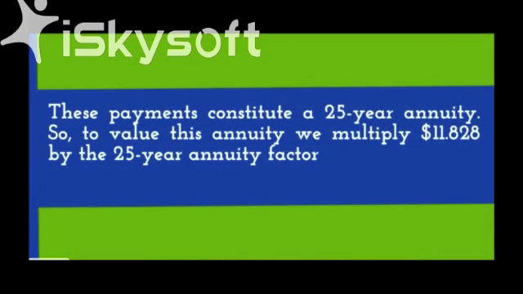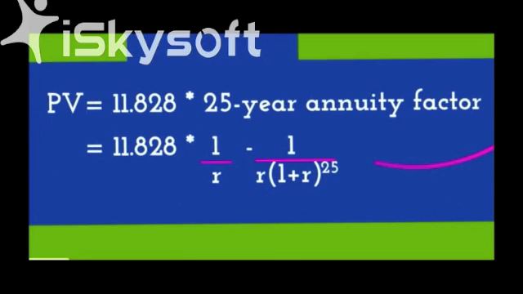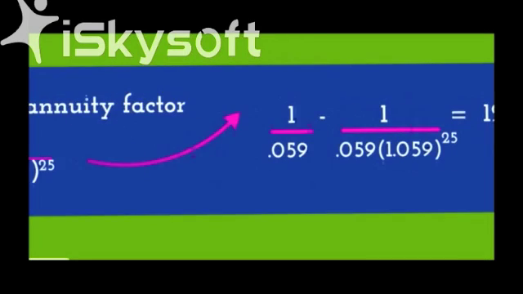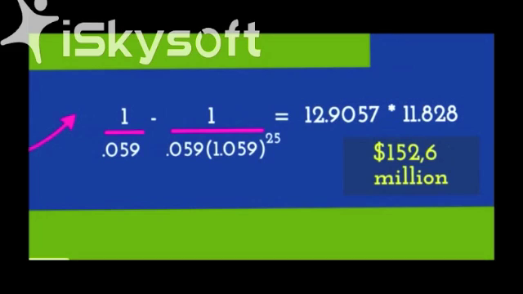So, to value this annuity, we multiply $11.828 million by the 25-year annuity factor. Here it would be 11.828 times 1 divided by r minus 1 divided by r times (1 plus r) to the 25th power. So this is equal to 12.9057 times $11.828 million, and that's equal to $152.6 million.